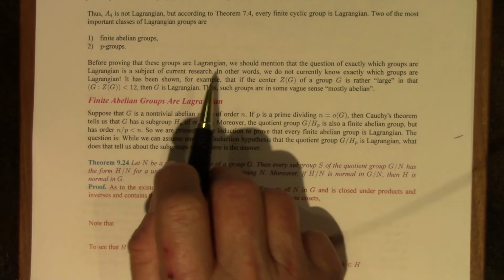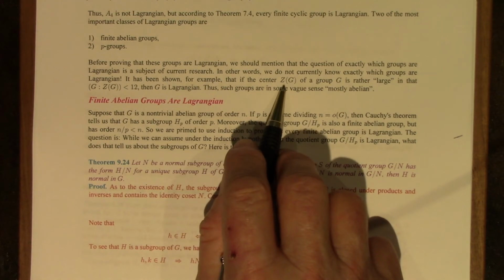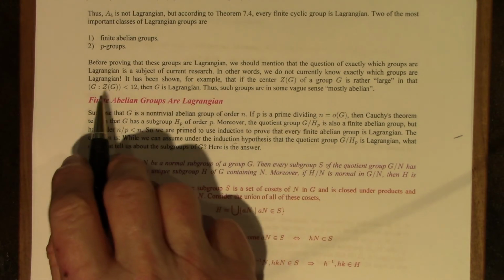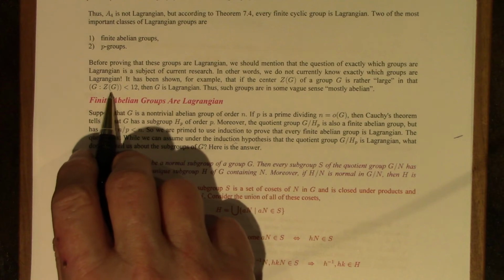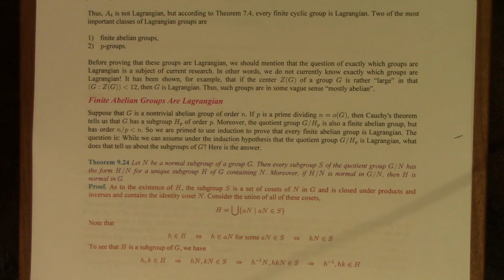There is a result, for example, that if the center of a group is rather large, in particular if the index of the center in G is less than 12, then G is Lagrangian. These groups are, in some vague sense, mostly abelian because they have large centers.